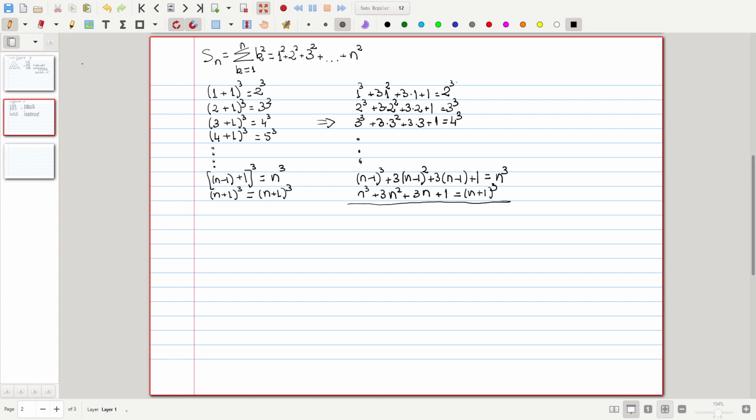equalities. Now I'll have to delete terms. This simplifies with this one, this one also, n to the cube with n to the cube.